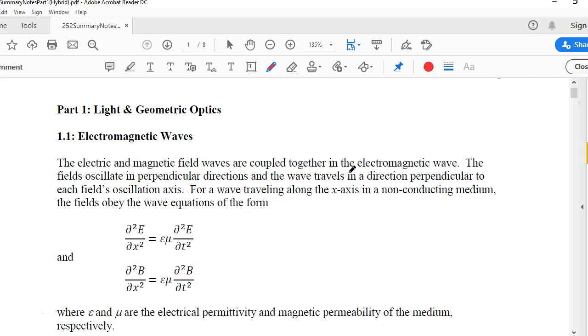The ones that are important to derive the so-called wave equations for the electromagnetic wave are Faraday's law and the Ampere-Maxwell law. Faraday's law says that if there's a changing magnetic field in some region of space, an electric field will be induced.